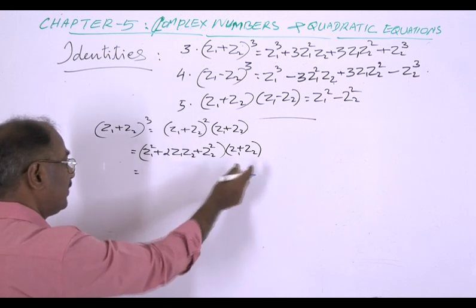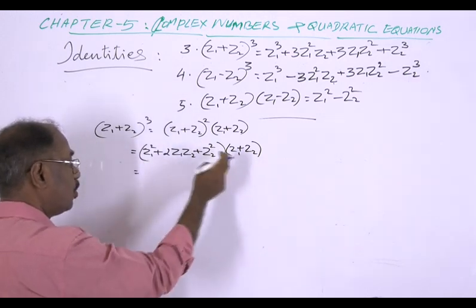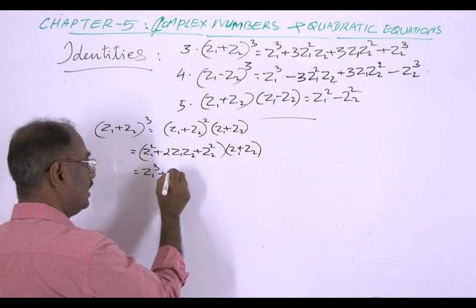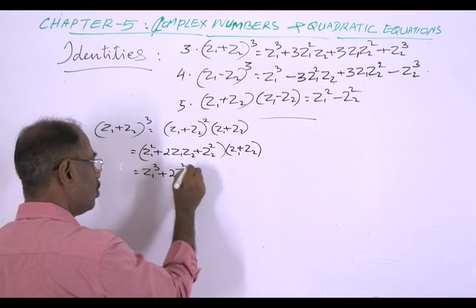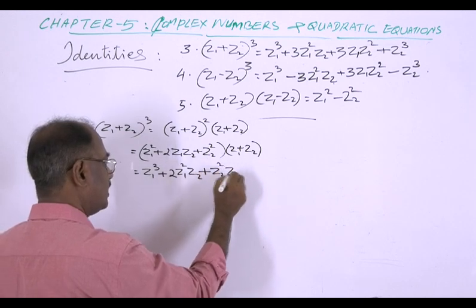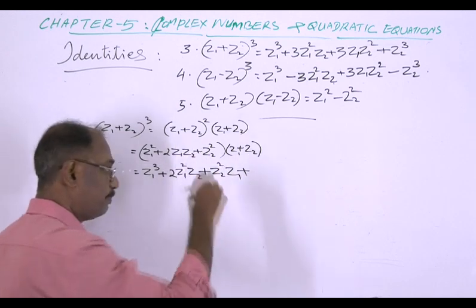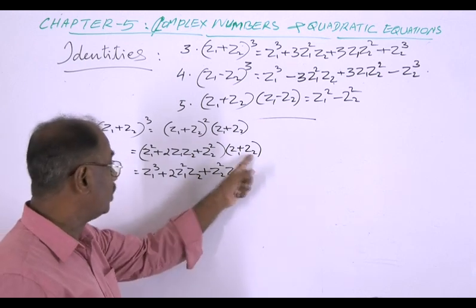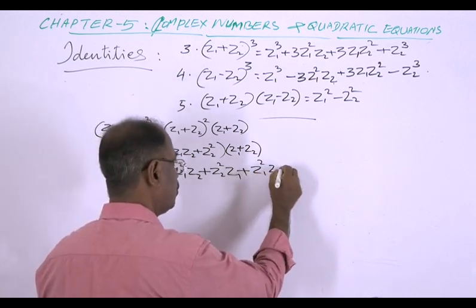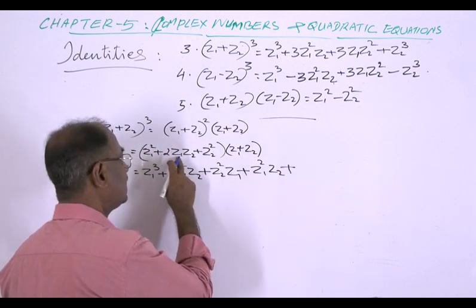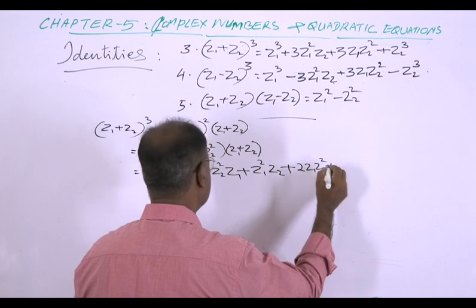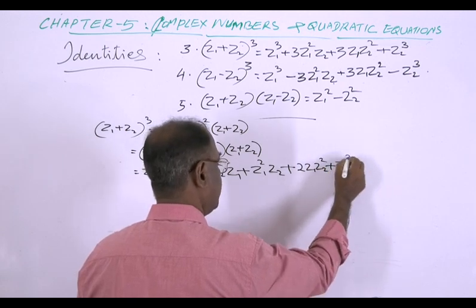So we see that this is equal to Z1 squared into Z1, which is Z1 cube, plus 2 Z1 squared Z2 plus Z2 squared Z1, plus then with the Z2: Z1 squared Z2 plus 2 Z1 Z2 squared plus Z2 cube.